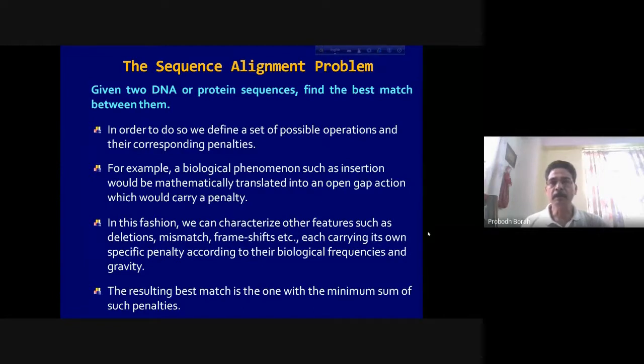So in the process of phylogenetic analysis, this plays a very, very important role. In order to do so, we have to first define a set of possible criteria based on which we can compare the sequences.